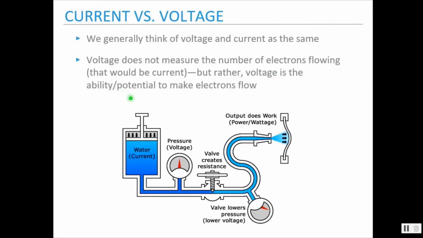If we go back to our analogy, we can think about water as electrons, and that water moving through a pipe is analogous to electrons moving through a wire. The greater pressure we have here, the greater potential energy we have in the water, and the faster it'll flow through our system.